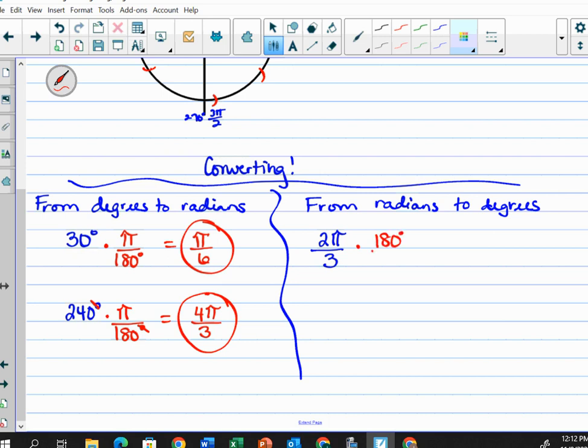I want to end up with degrees, so that's in the numerator. Please reduce before you multiply. So the pi's are going to cancel. Reduce 180 and 3. What am I left with? 60. And what is 2 times 60? This is 120 degrees.